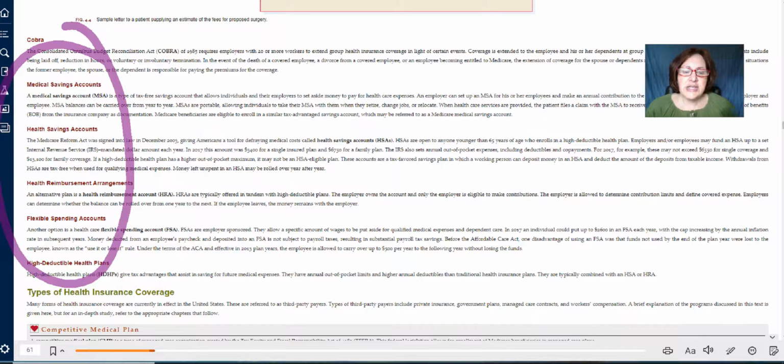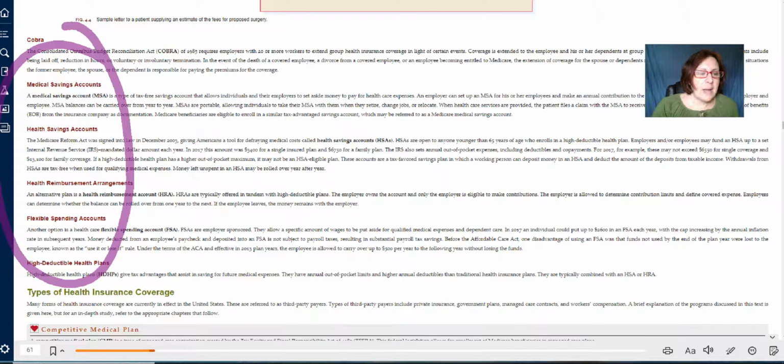But if I contribute to a health savings account, the entire $50 goes into the account pre-tax. So I'm getting that extra $12 that I probably would have paid in taxes to use to pay for my medical bills. It's a way of making your paycheck bigger because your tax liability goes down.